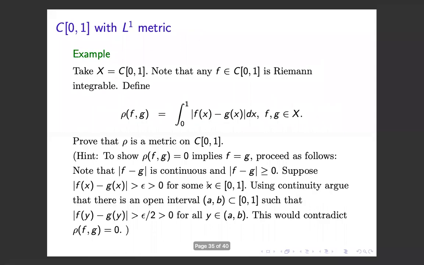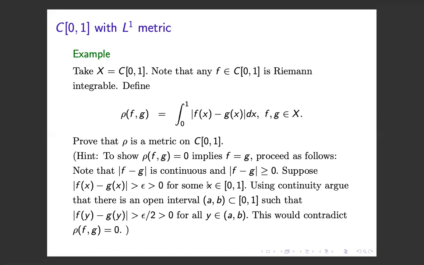Okay. So on the same space C[0,1], we now have another metric, which we will call the L1 metric. The reason for the name L1, I may not be able to tell you at this stage; perhaps you might see it in some other courses. So the base space X is the same, C[0,1].